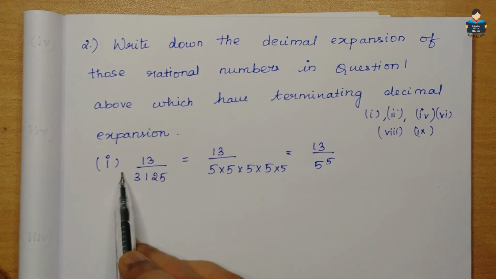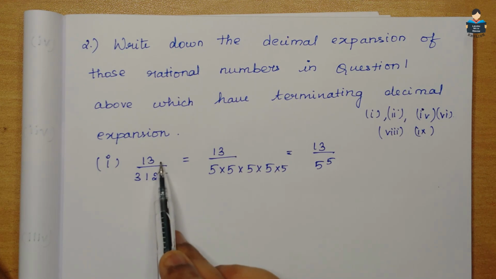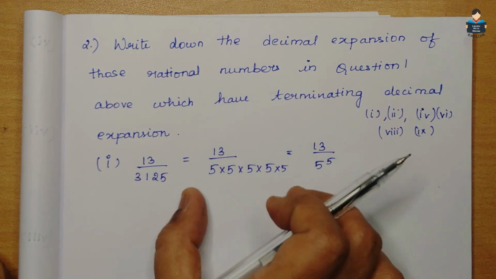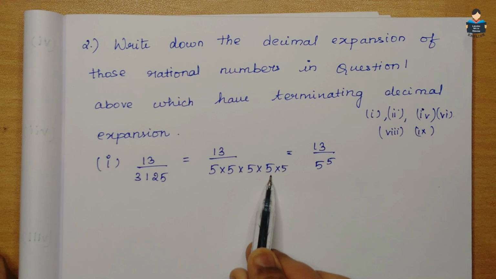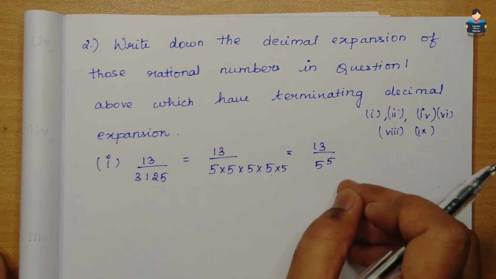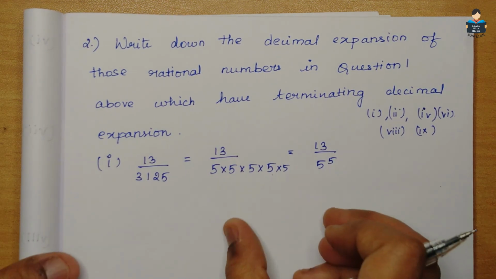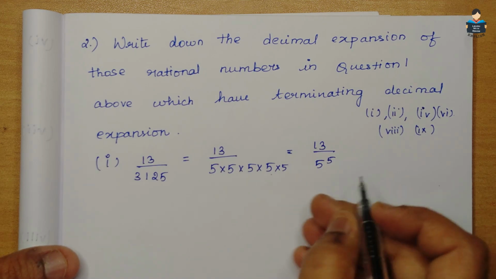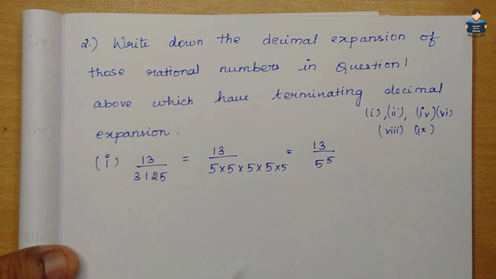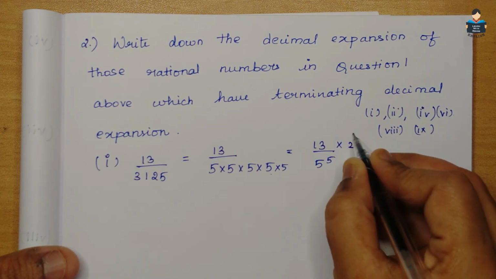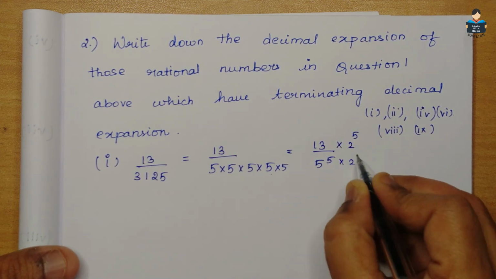So for the first subdivision, we have got 13 by 3125. If we do prime factorization for the q value, we will be getting 5 to the power 5. So we have to find the decimal value. For finding the decimal value, I am going to bring the denominator part in terms of tens. So I am going to multiply 2 to the power 5 into 2 to the power 5.